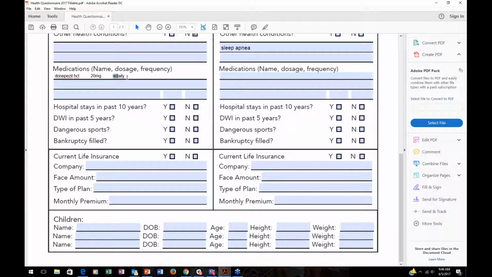The medication that we happen to have up here is a generic name, and you can use websites like rx.com.